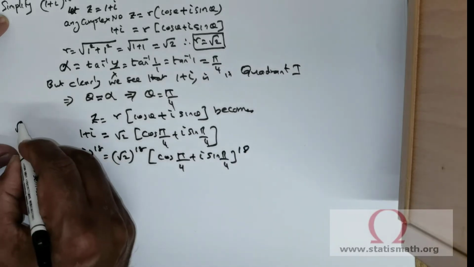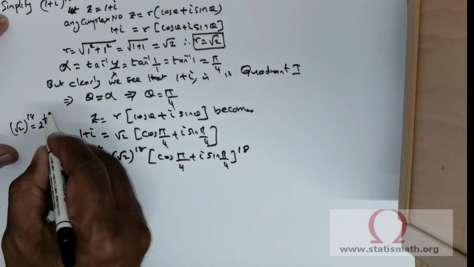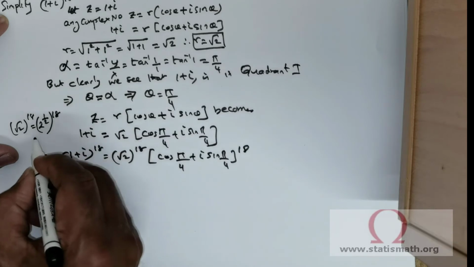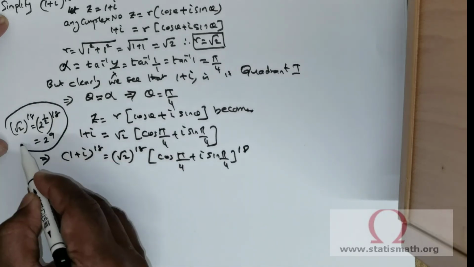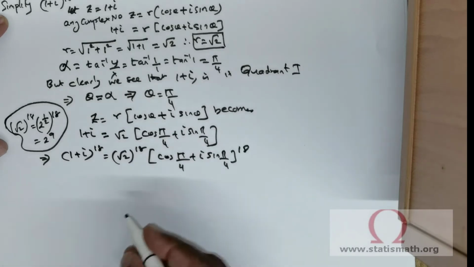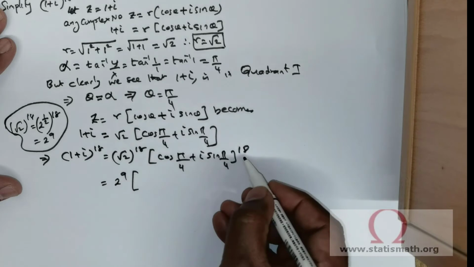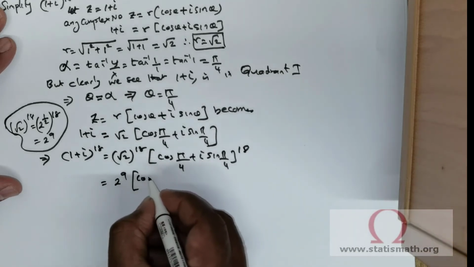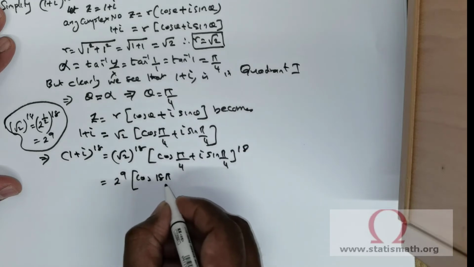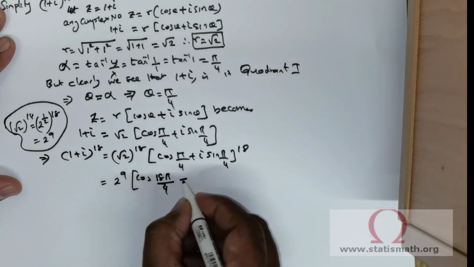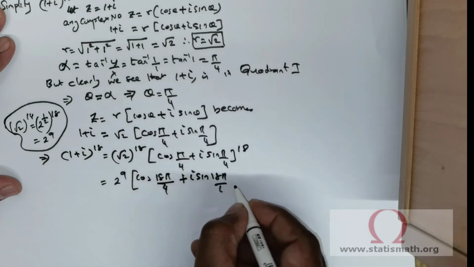Now we have root of 2 raised to the power 18. This is nothing but 2 raised to the power 1 over 2, raised to the power 18, which is nothing but 2 to the power 9 by the law of exponents. So this is going to be 2 raised to the power 9 times, by de Moivre's theorem, (cos 18 pi divided by 4 + i sin 18 pi divided by 4).